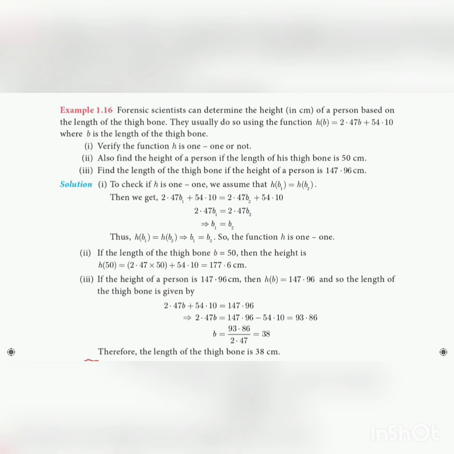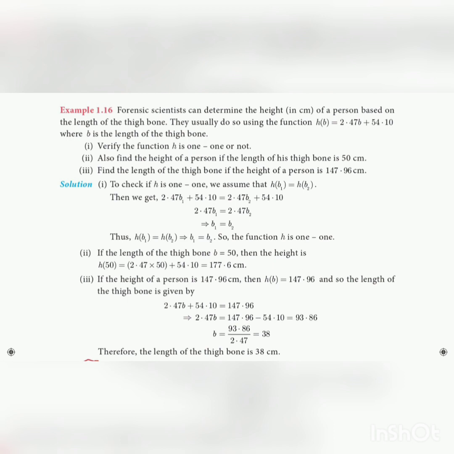Third subdivision is, we have to find the thigh bone length, and the height of the person is given as 147.96. So in the same h of b function, we have to write the height here.